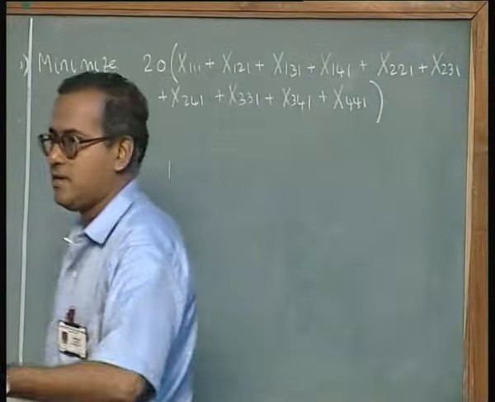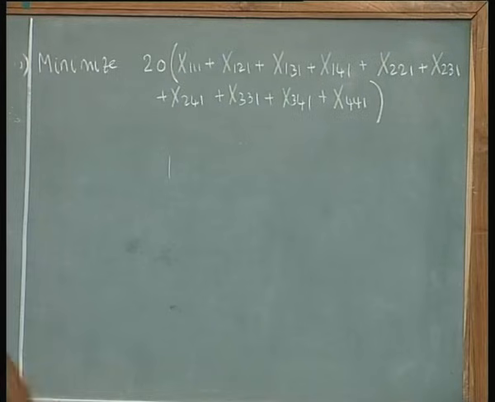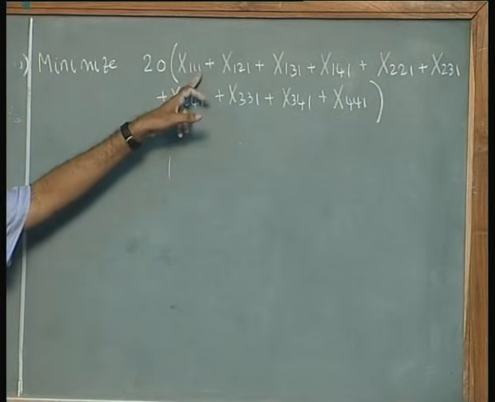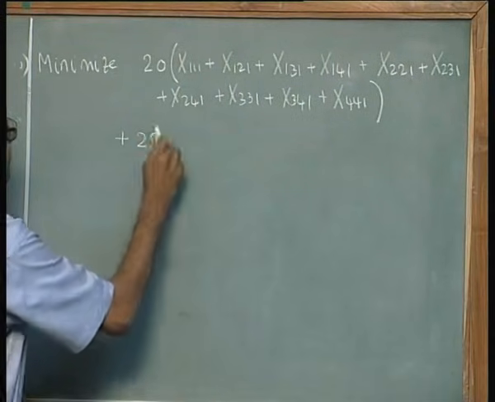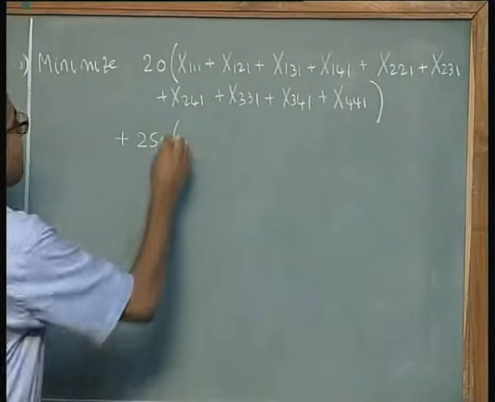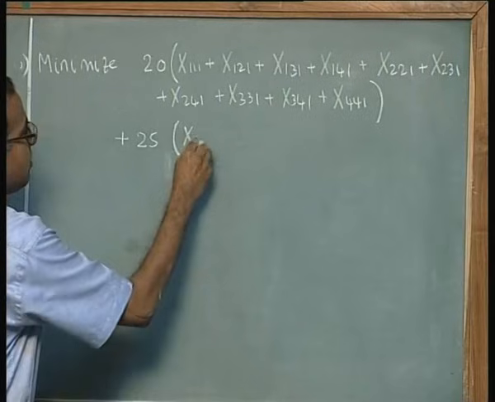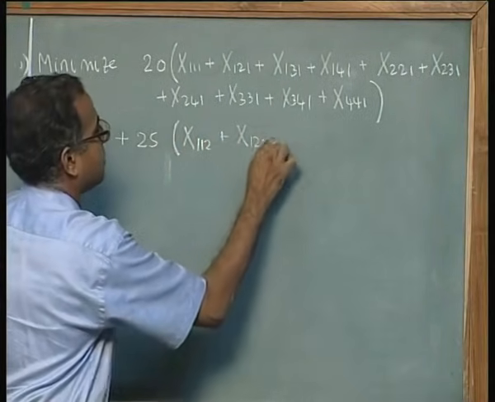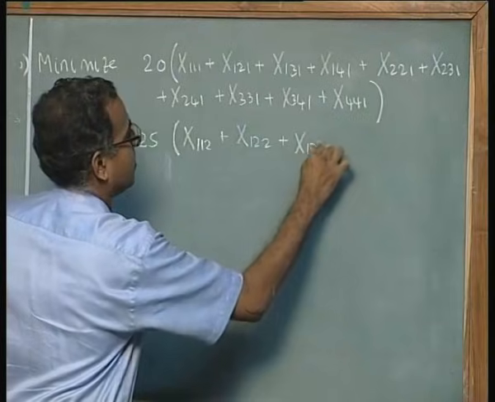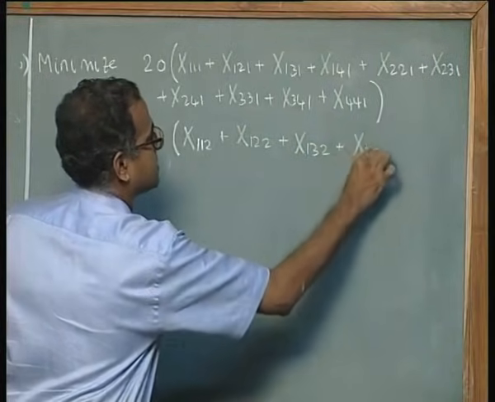Now, I have to write a similar term for the overtime production. The only difference is the third subscript k will become 2 instead of 1. So, I will have plus 25 into x112 plus x122 plus x132 plus x142.